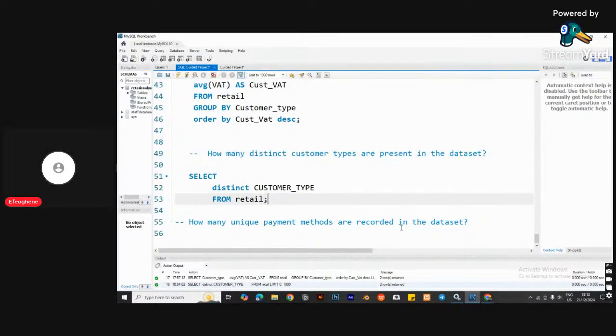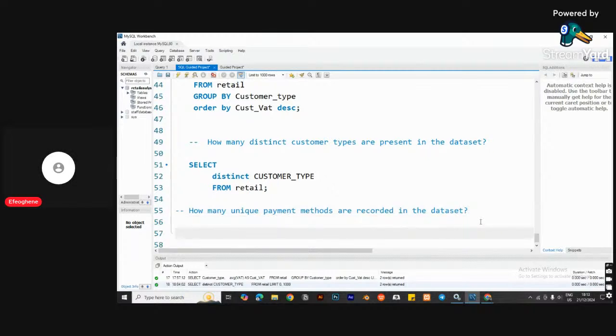All right. So we say, how many unique payment methods are recorded in the data set? These are just to know what your business is doing. So we say SELECT. Let me copy this.